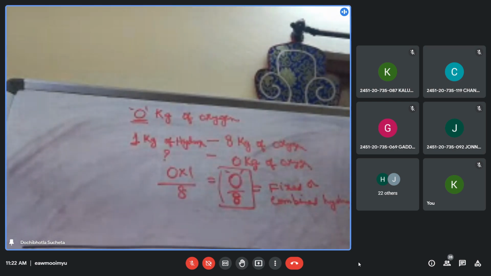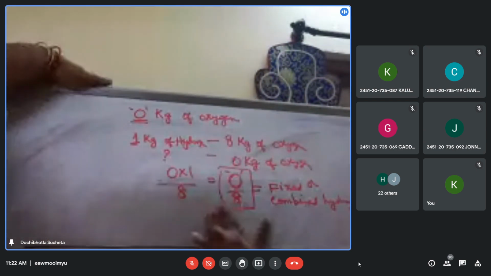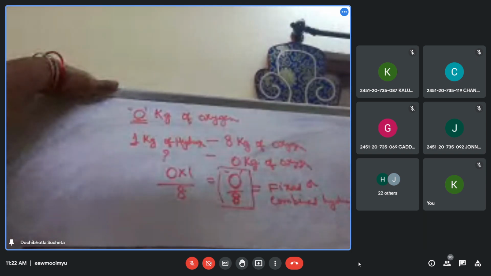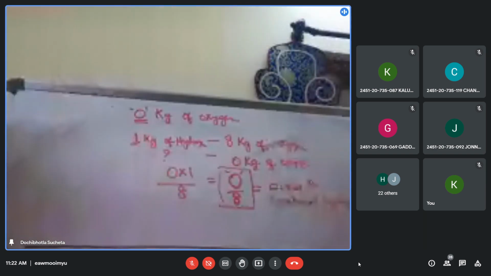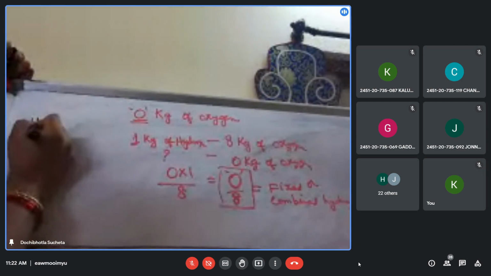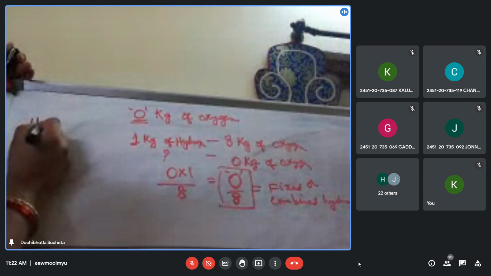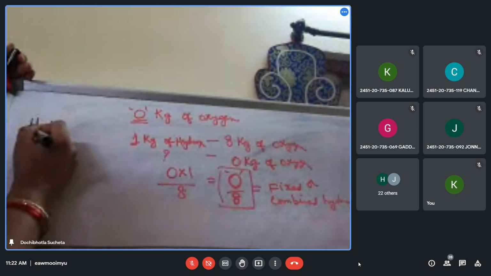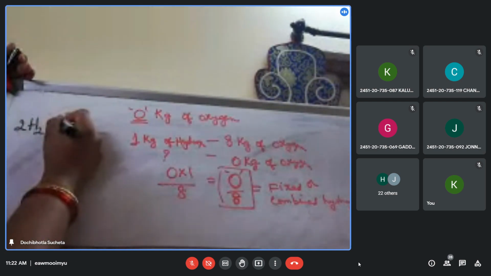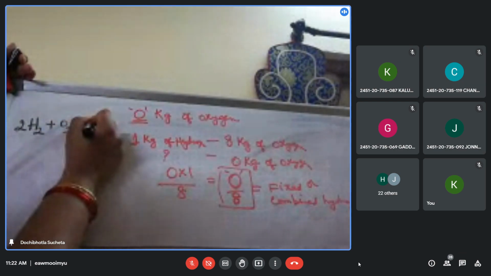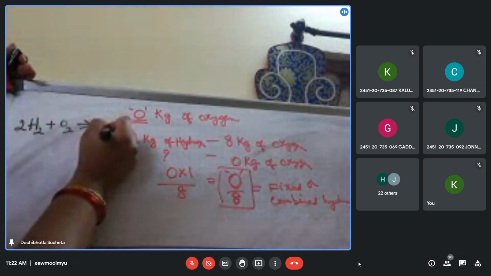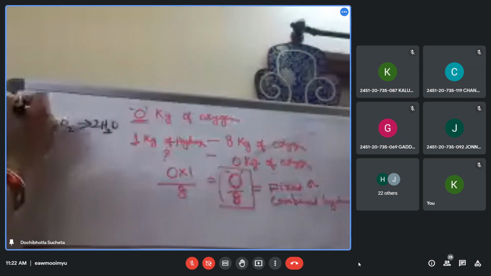Now, how much amount of combined hydrogen is there? I have got the formula. In the first instance, I wrote this equation, for my know-how, for calculation. I know that 4 kgs of hydrogen reacts with 32 kgs of oxygen to form 36 kgs of water.